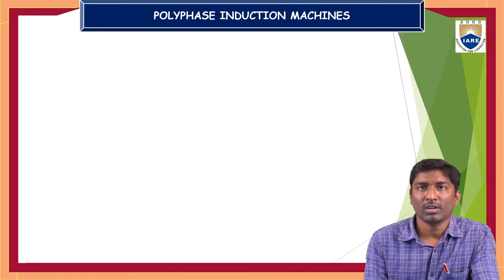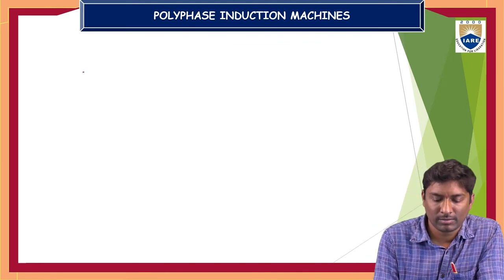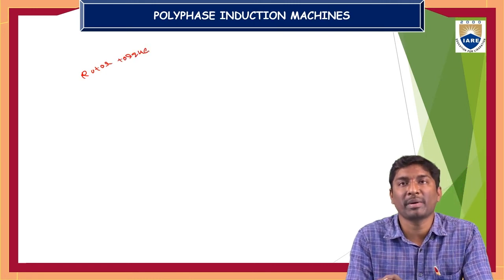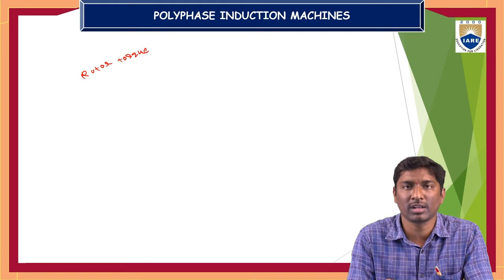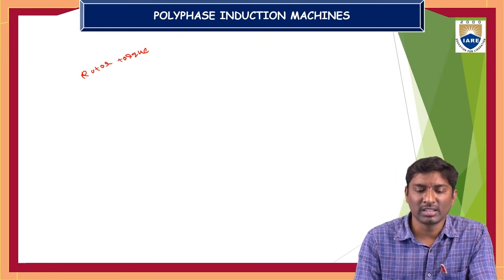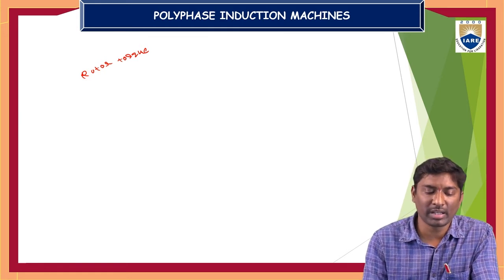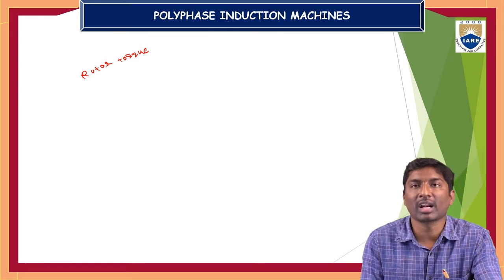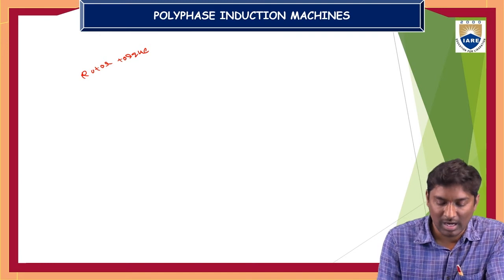Now for rotor torque, it depends on three factors we discussed earlier: the rotor current I2, the power factor cos phi, and the stator leakage magnetic flux. So what is the rotor torque equation under running condition?